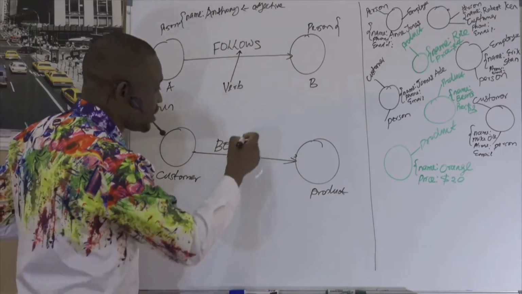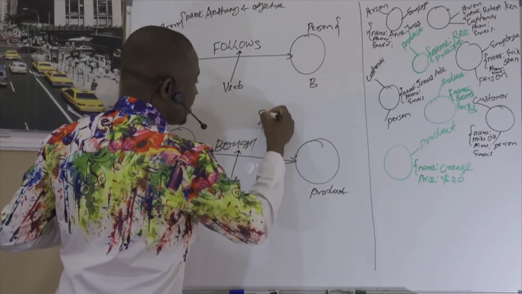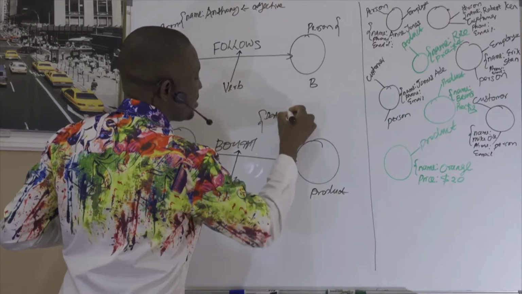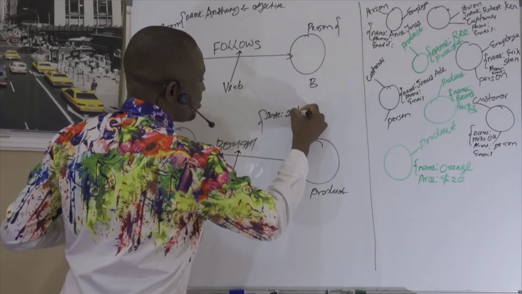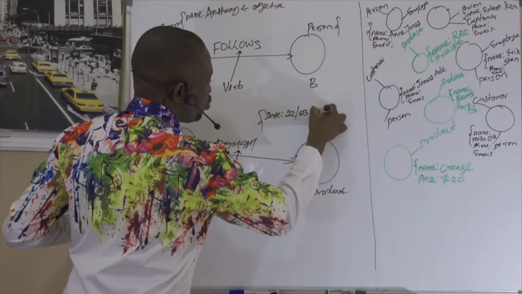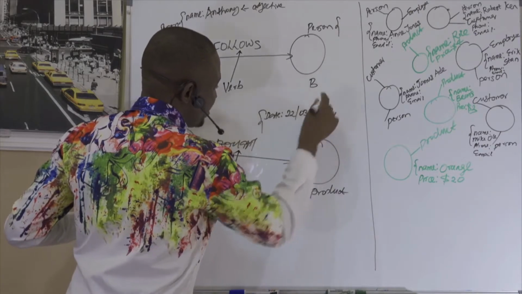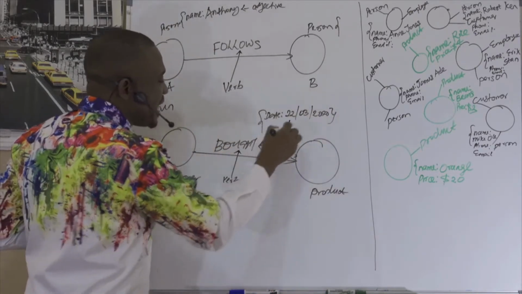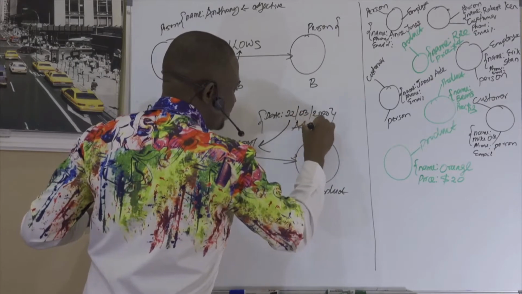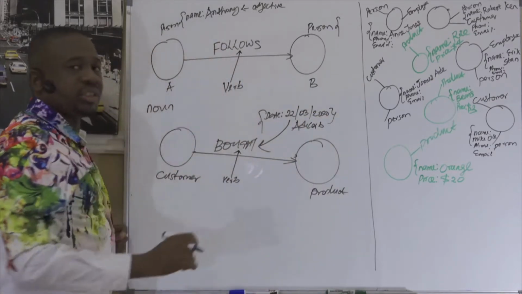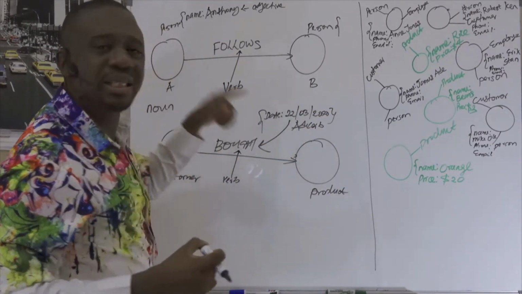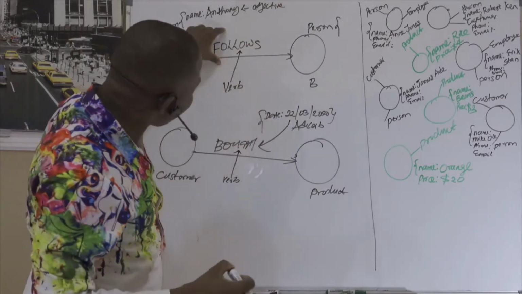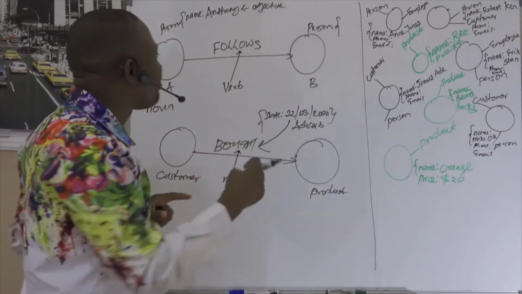Something that can qualify this verb now, for instance, is when did he buy the product? We can say he bought it, date of purchase, let's say 22nd of March 2020. This now is an adverb qualifying the verb bought. You can ask, when has he been following this guy? Whatever you put here now is an adverb qualifying follow.